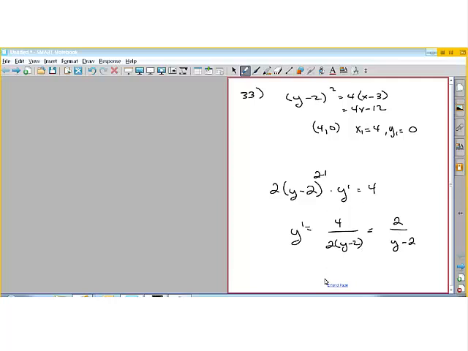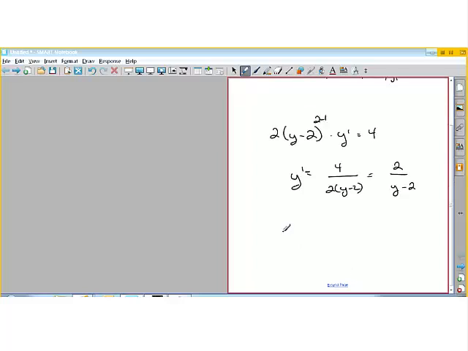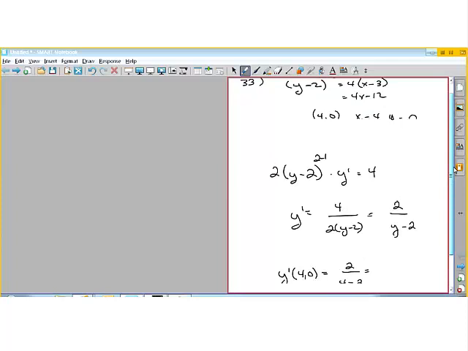Now, what we'd expect is the slope to be a negative number. It looks like almost -1, just based on eyeballing it, because it looks like about a 45-degree angle. So let's see what happens. y prime at x equals 4, y equals 0 is 2 over 4 minus 2, which is, I got a problem here. What did I do wrong?